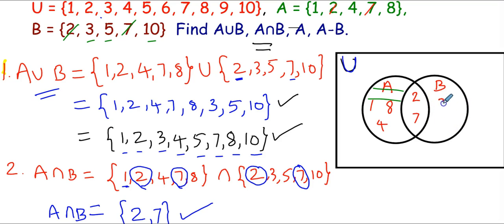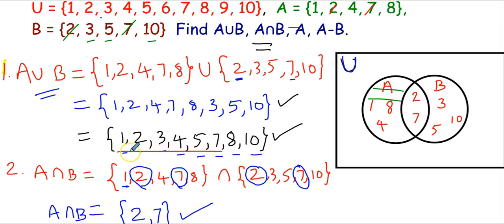That is 3, 5 and 10. Now if you look at this whole set B, this circle containing set B has the elements 2, 3, 5, 7, 10. Same thing, 2, 3, 5, 7, 10. That's all. So you got the sets A and B, that is giving you A union B altogether.